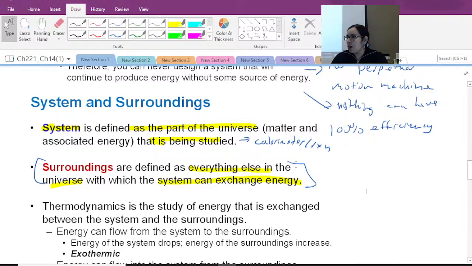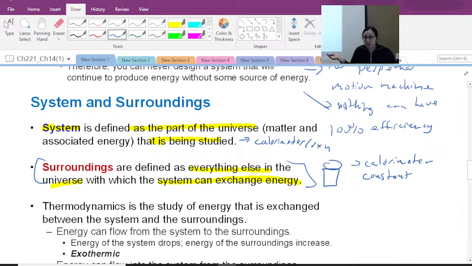We were trying to limit exposure to our surroundings with our experiment. We had our calorimeter, our little styrofoam, that was supposed to be providing insulation, so we're just measuring the heat of our reaction and not losing it to the surroundings. That's also why we had to figure out our calorimeter constant: how much heat were we losing because of our calorimeter?